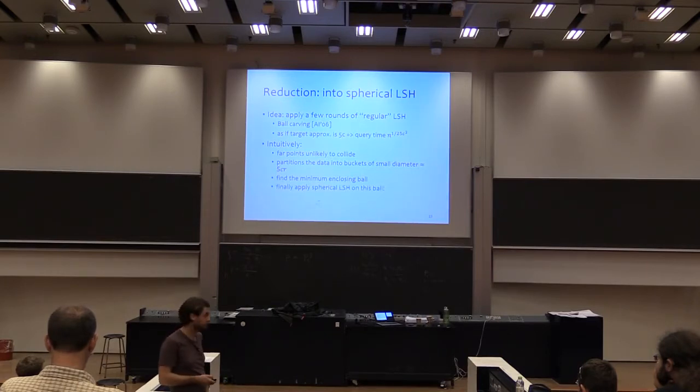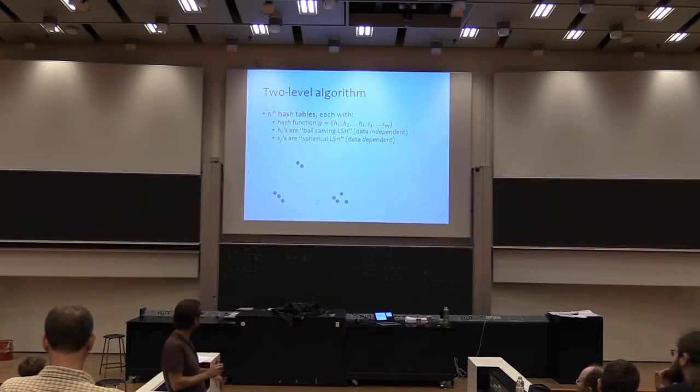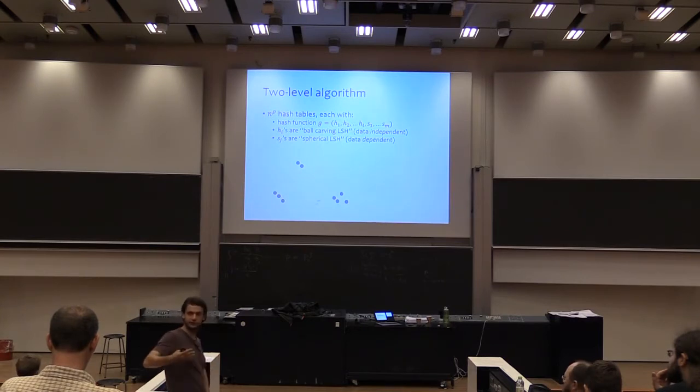Okay, and this is the entire algorithm. And let me just show you this pictorially. So again, we'll use n^rho hash tables, where each hash table will have a hash function. Now the hash function will essentially use a few functions h from the standard LSH, which is data independent. But after it has pre-partitioned the point set a little bit, it will start using different hash functions which depend on the current partition.